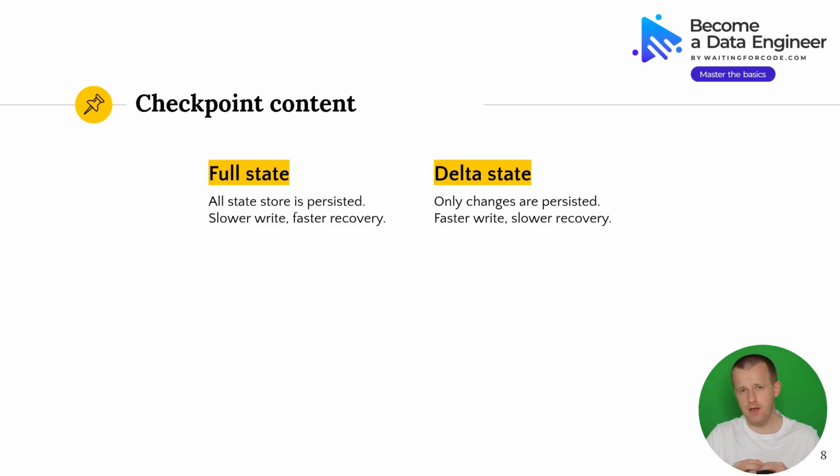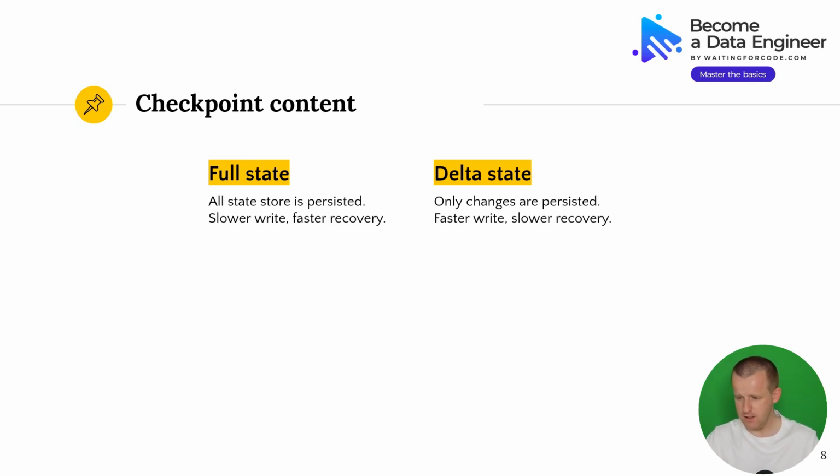So if we take our example of a state that hasn't changed in, let's say, 10 minutes, we will not write it for 10 minutes, we will write it only once it has some updates. As you already see, there is less data to write, but the recovery process is slower.